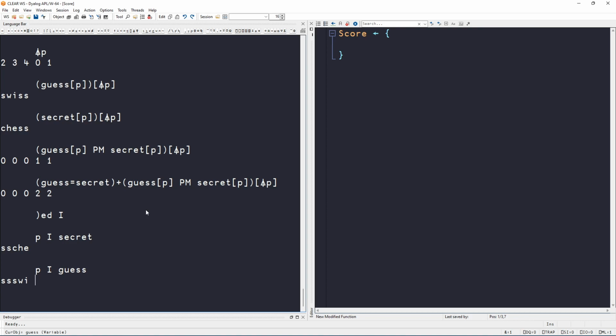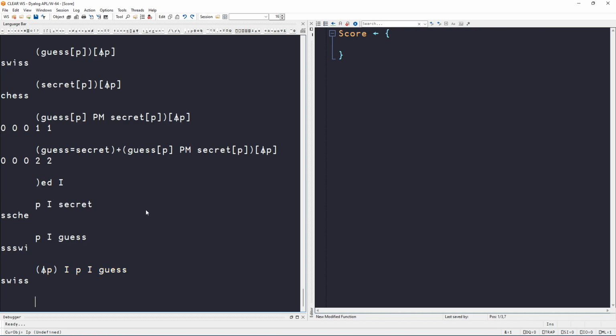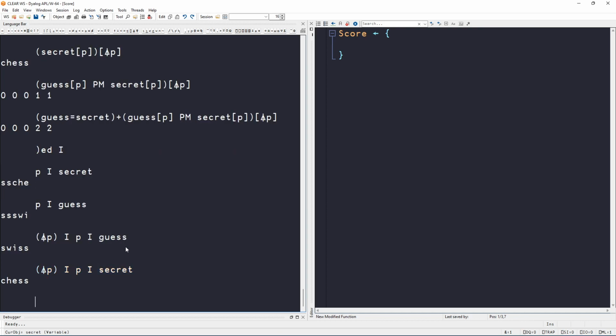And now, if I grade up P, I can index again and I can undo what I just did, or the secret here. So now the I with something on the left is kind of substituting for the brackets with the indices in there.